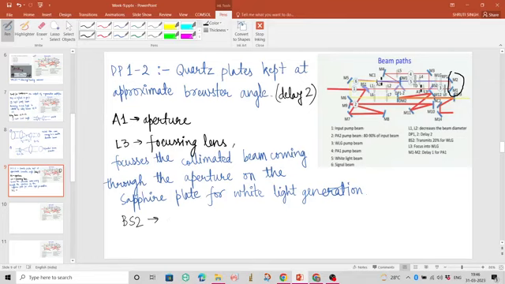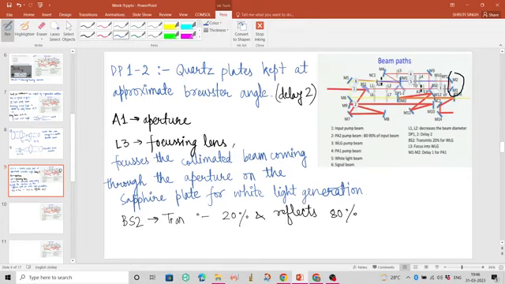BS2 again transmits 20% and reflects 80%, right? So from this part we will go in this direction first, and the reflected one we will see later. So after getting transmitted, what will be the intensity of this light?